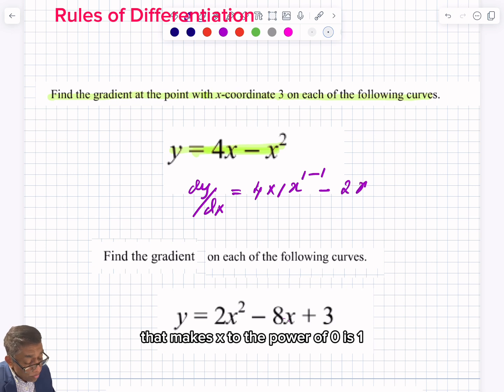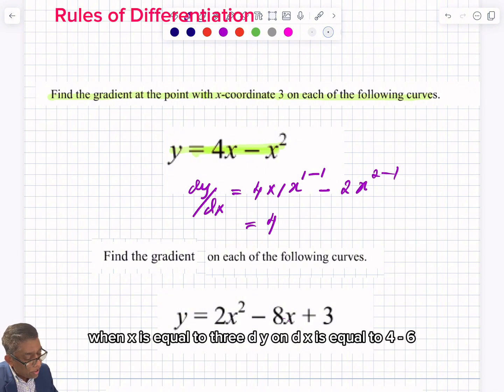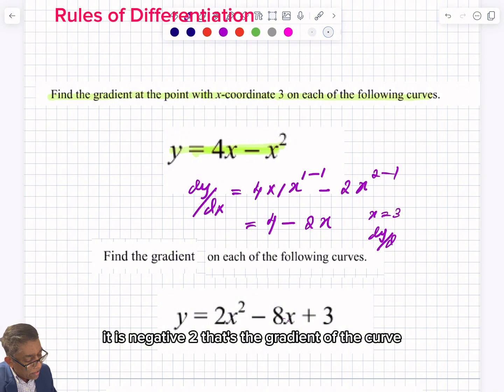That means x to the power of 0 is 1, and 1 times 4 is 4. So dy/dx is 4 minus 2x. When x is equal to 3, dy/dx is equal to 4 minus 6, which is negative 2.